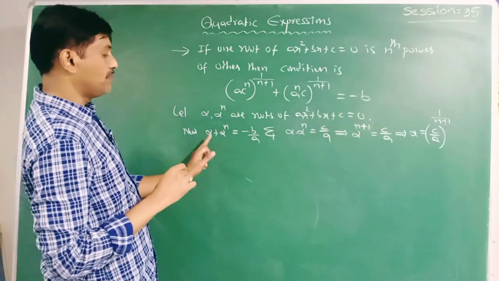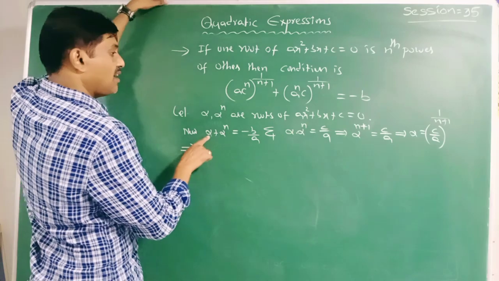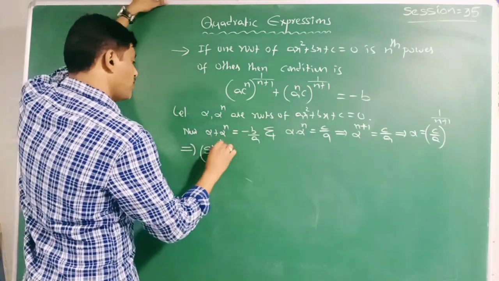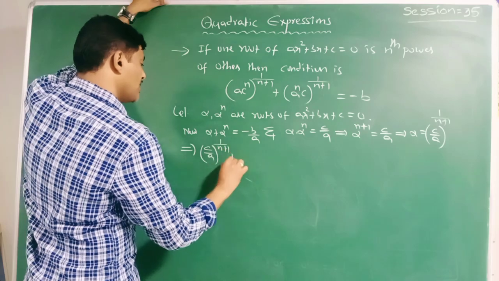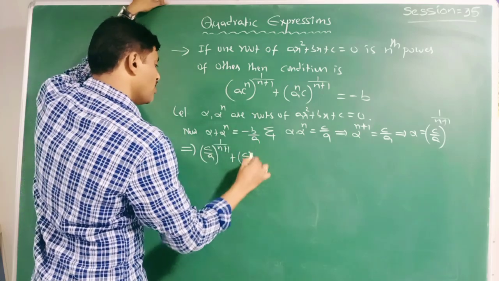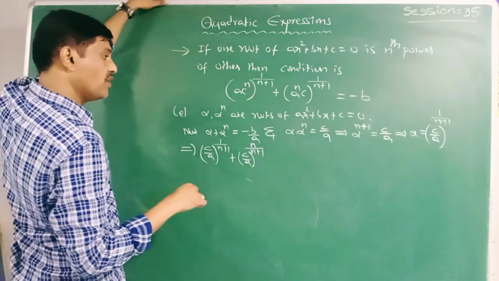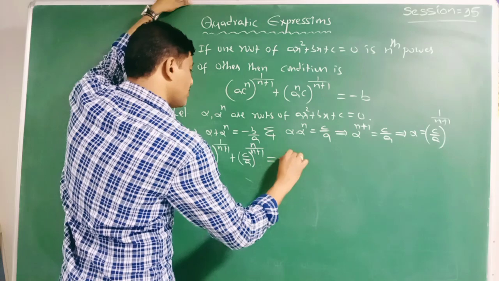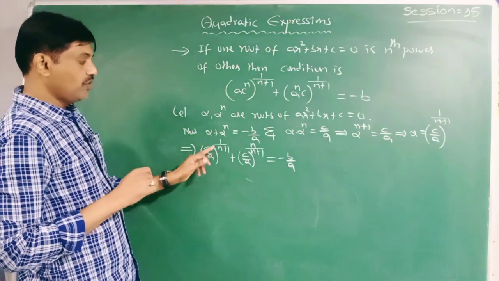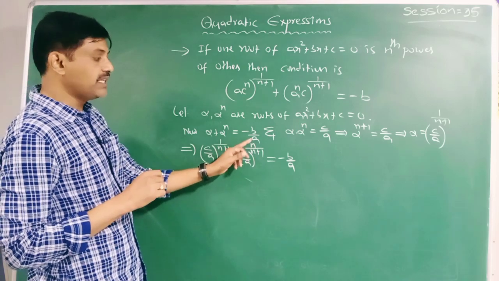Just we have to replace alpha here. Alpha is (c by a) whole power 1 by n plus 1, plus alpha power n means (c by a) whole power n by n plus 1, is equal to minus b by a. Here (c by a) whole power 1 by n plus 1, and here (c by a) whole power n by n plus 1.